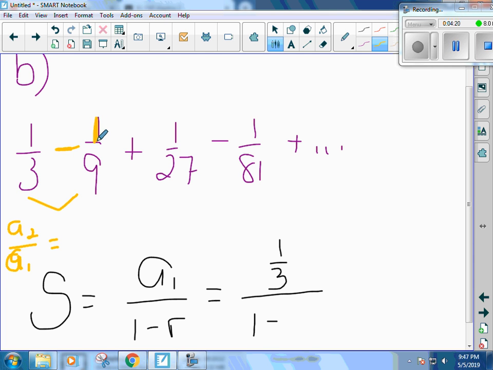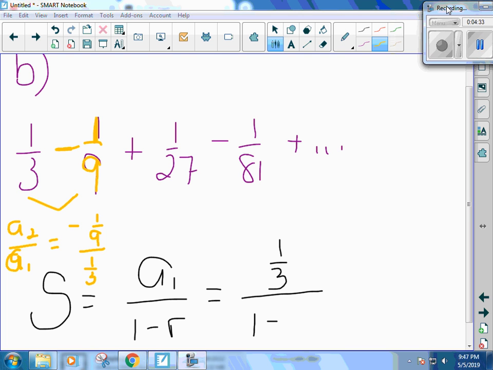That negative sign belongs to the 1/9. Divided by the first. Remember, in fractions, you keep the top number, change it to multiplication, and flip the bottom. My ratio is negative 1/3.